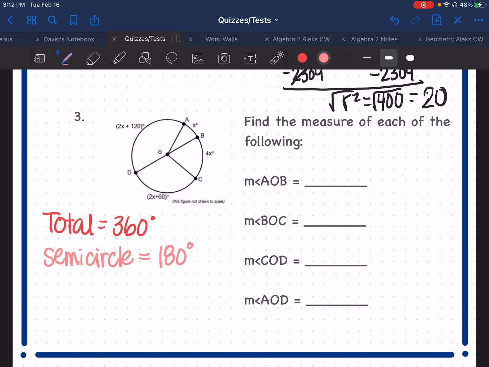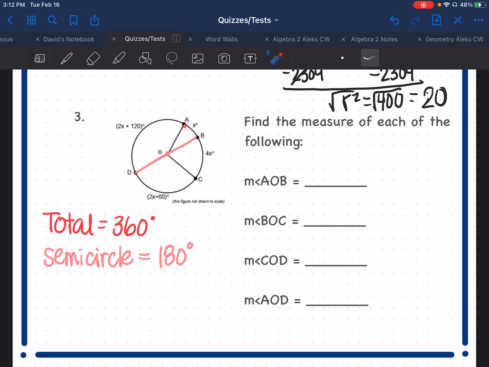You can identify a semicircle by finding the diameter. You can find the diameter by finding the center and then going to both ends. So there is my diameter, which means this is a semicircle up above, and that is a semicircle down below. So I have two options to help me find x.